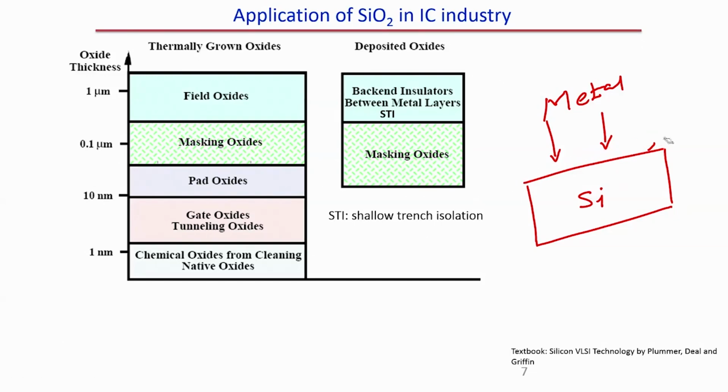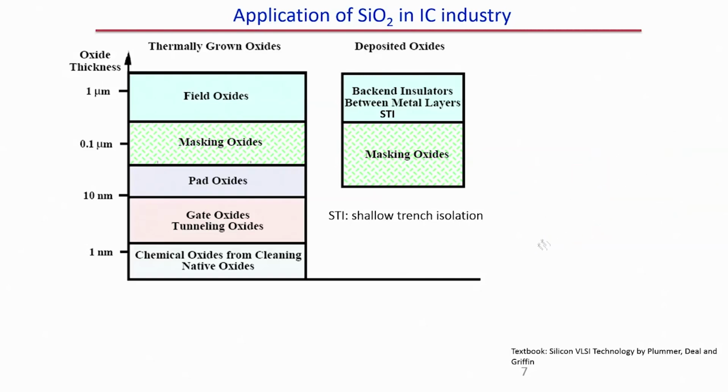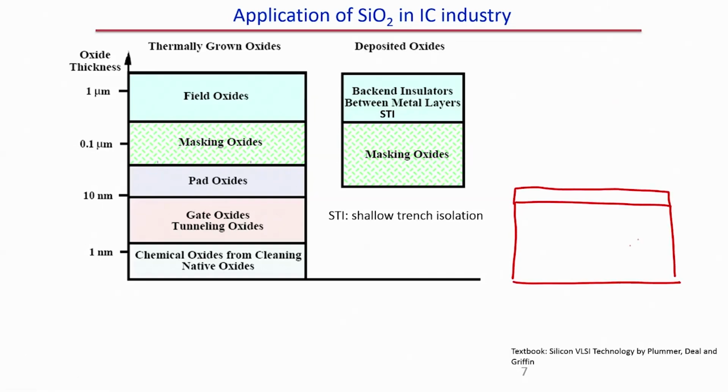To use silicon as a substrate, we have to grow an oxide layer. Let me draw so that we can understand. Okay. So, silicon, we have to grow an oxide layer onto silicon so that we can use silicon as a substrate.